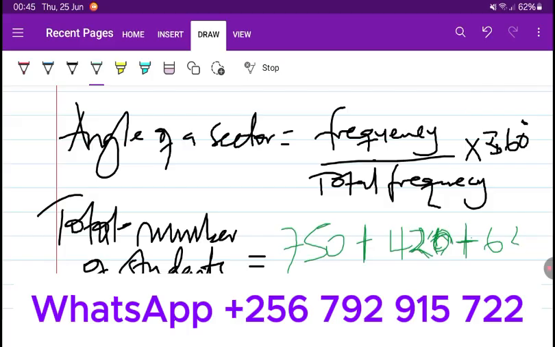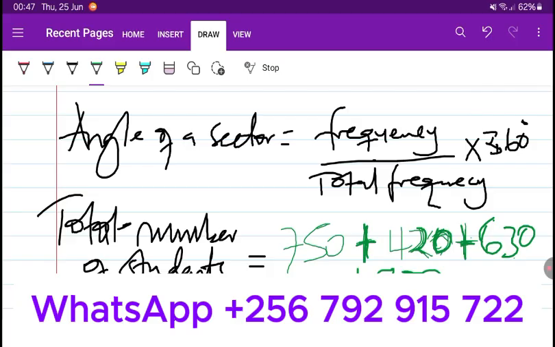So you will see that these are actually equivalent to 1800. That is the total number of students that we have in that institute.